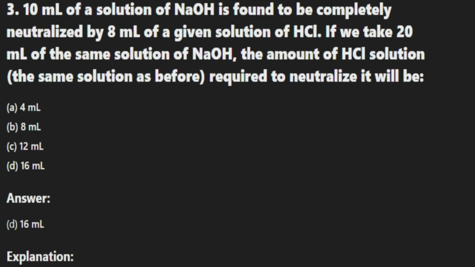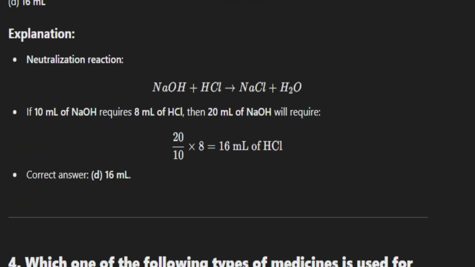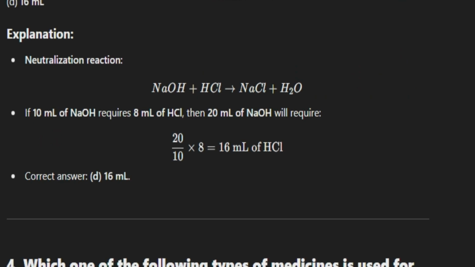Answer: D) 16 ml. Explanation: Neutralization reaction: NaOH plus HCl gives NaCl plus H2O. If 10 ml of NaOH requires 8 ml of HCl, then 20 ml of NaOH will require 20/10 times 8 equals 16 ml of HCl. Correct answer: D) 16 ml.